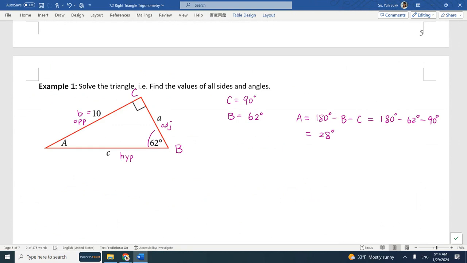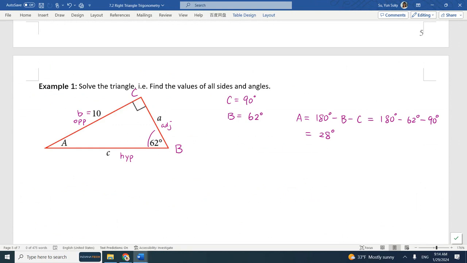Okay. Now let's say we want to find C. So we want to relate to the angle B. We know the opposite, and side C is the hypotenuse. Which trig function is about opposite and hypotenuse? Sine. Yes, everybody.